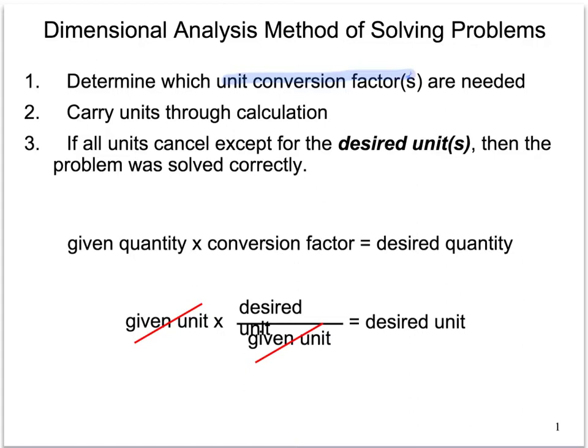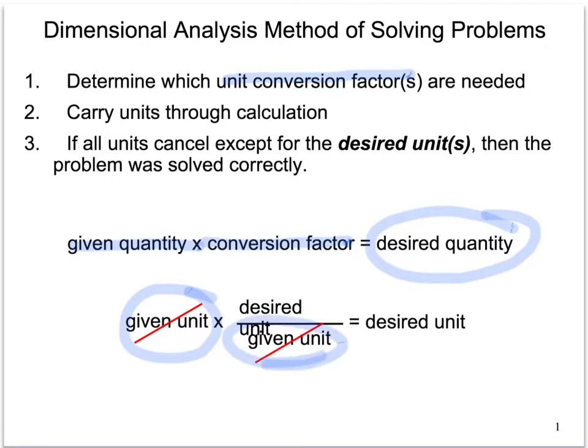And we're going to carry the units throughout the calculation. And if we do it right, we're going to multiply our given quantity by our conversion factor to get our desired quantity. Note, the given unit has to be on opposite sides of the multiplication of the desired over the given. Now let's take a look at how we present our conversion factors.